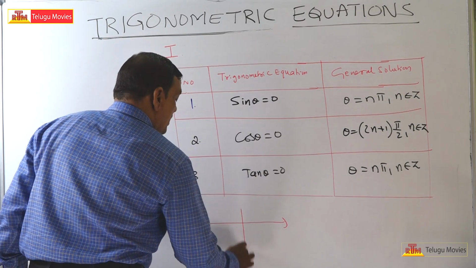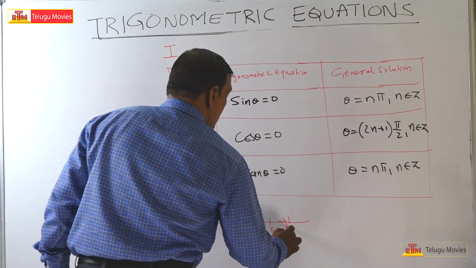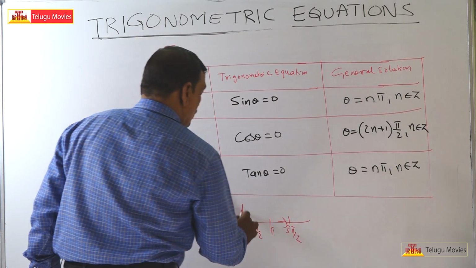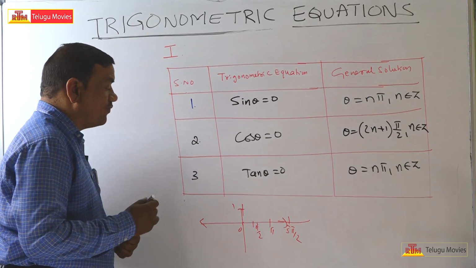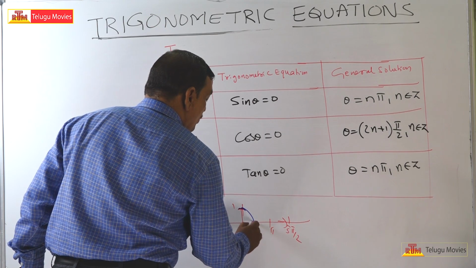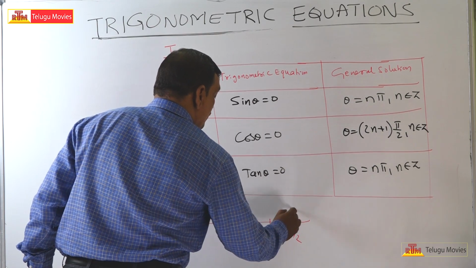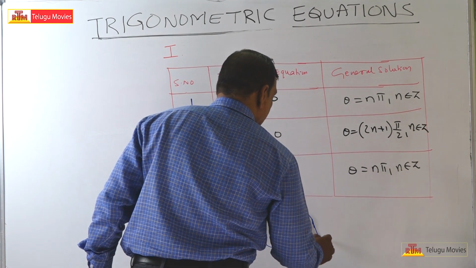If you observe here, 0, this is pi by 2, this is pi, and this is 3 pi by 2, and 1 is the maximum value. So if you see the graph of cos theta, cos 0 is 1, then pi by 2, again 3 pi by 2, this is 2 pi, again 5 pi by 2.